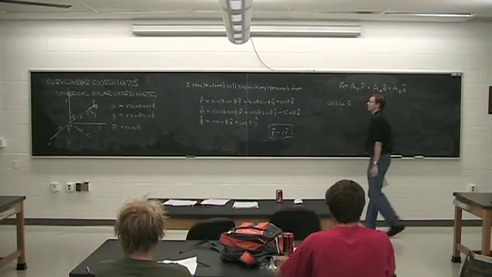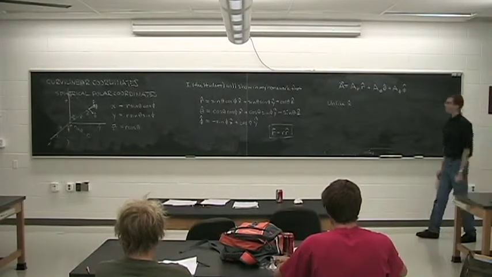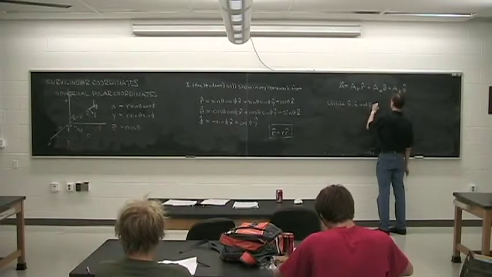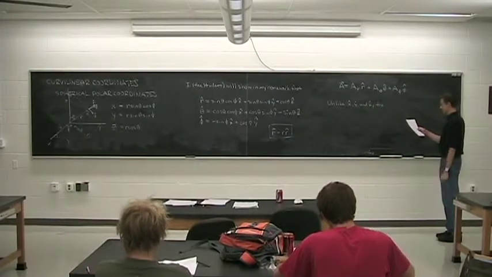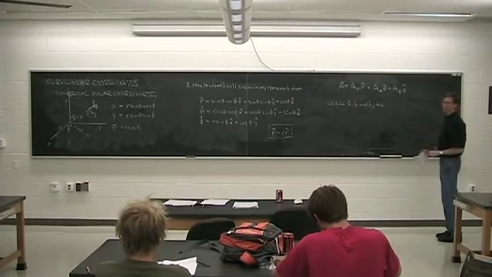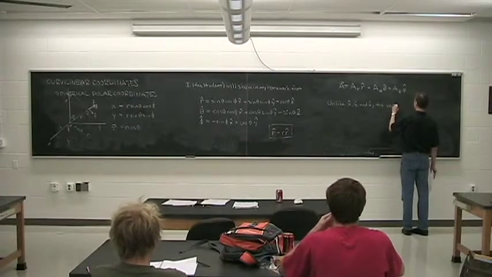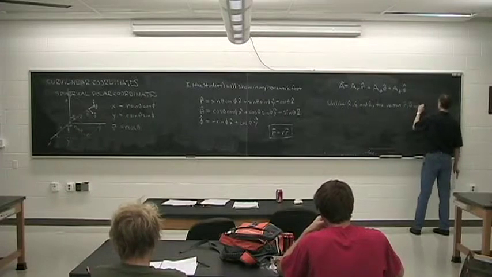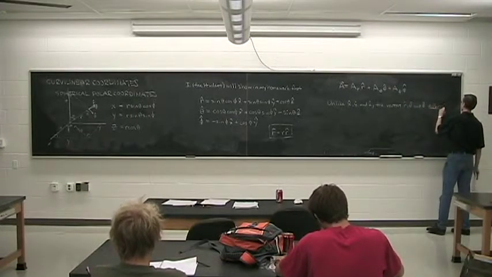What makes spherical and cylindrical coordinates a bit trickier is that, unlike x hat, y hat, and z hat, the vectors r hat, theta hat, and phi hat differ from point to point.